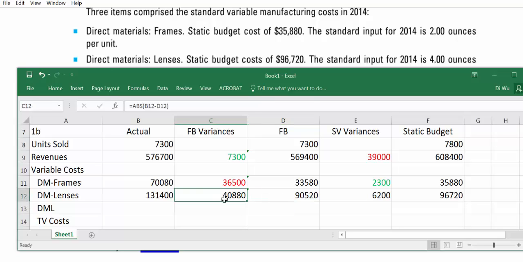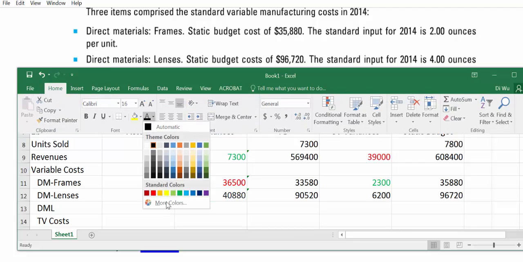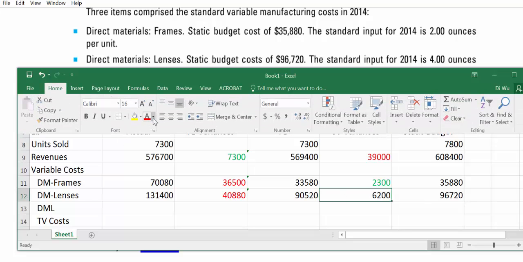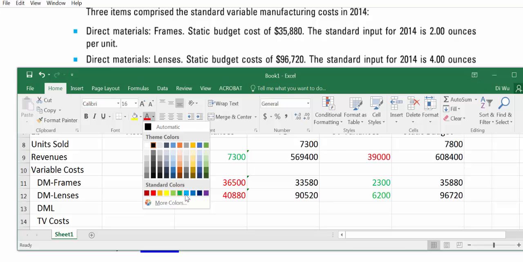This one is 40,880, the difference between the actual DM lenses cost and the budgeted cost here. Because the costs are going up in the actual case, we have unfavorable. And the flexible budget is a lot less than the static budget, so we are going to have favorable. That's how you get a favorable.